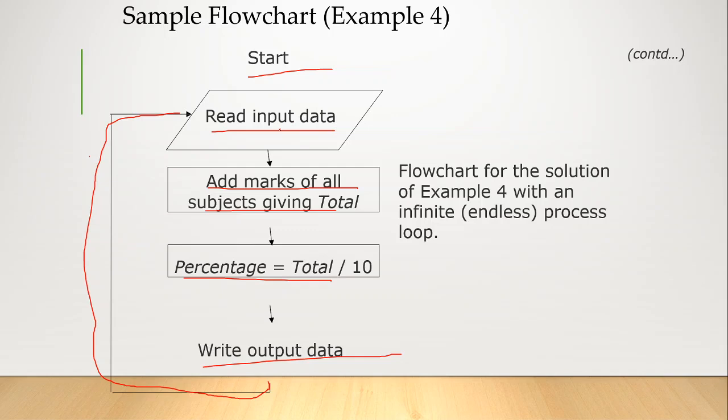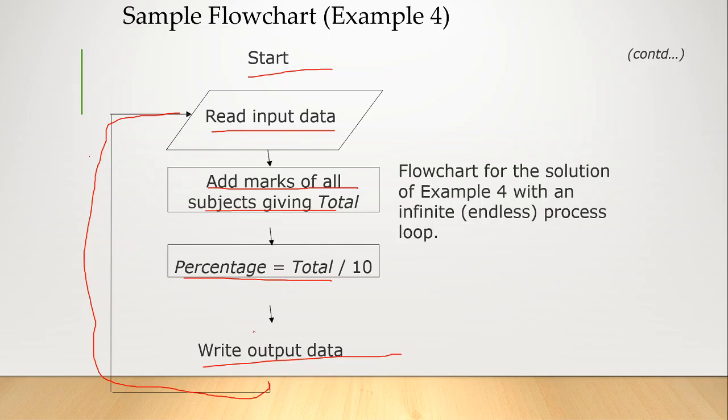Firstly we start with the first student, then the marks and percentage are calculated, and then it goes again to read the data of the next student. Then the same flow of instructions is executed to find the percentage of the second student, and so on.